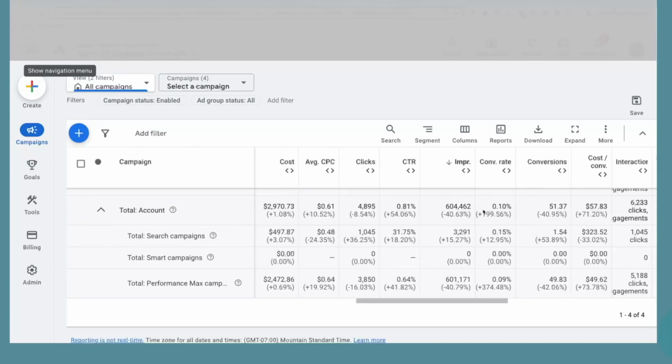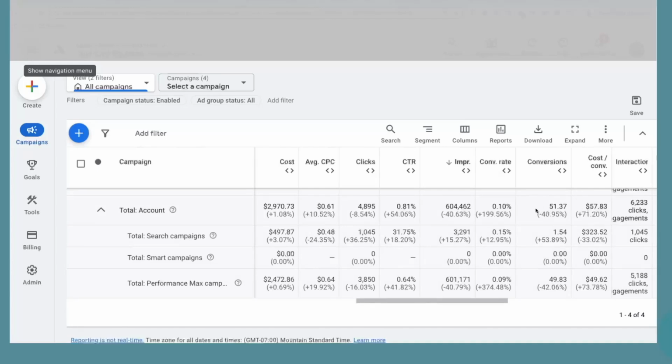So, a pretty substantial increase in conversion rate, almost 200% increase in conversion rate. However, what that looks like is because of the decrease in clicks. I picked this one for a reason, because sometimes when we look at these numbers in Google and we've got different types of campaigns running, for example a search campaign and a Performance Max campaign, sometimes because of the differential in the math, things don't look right.